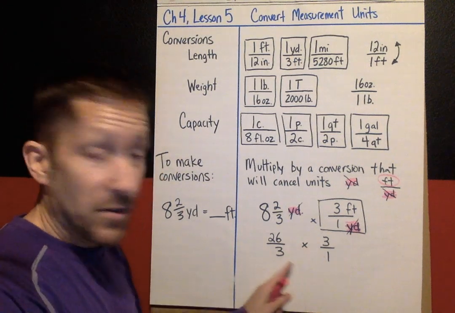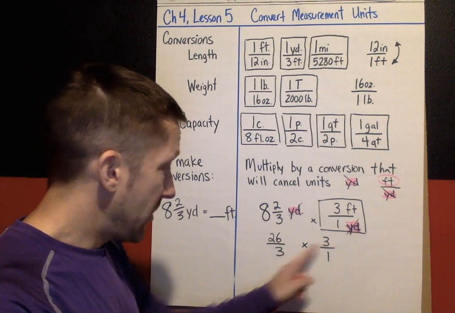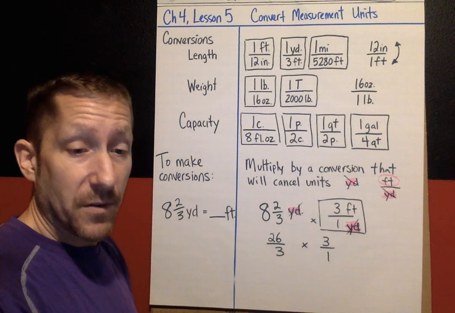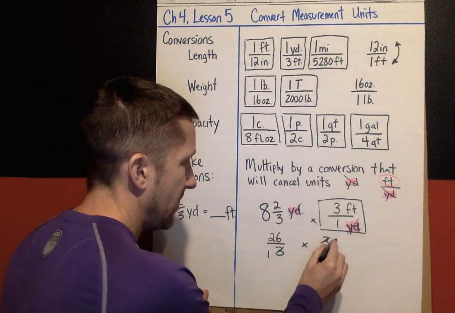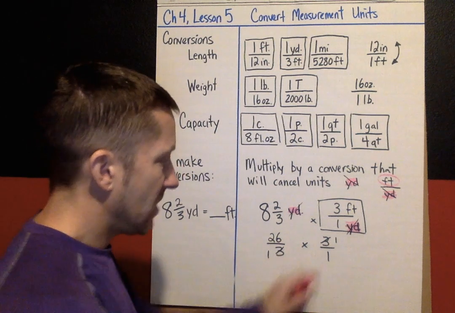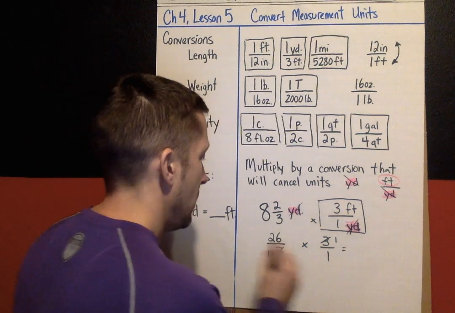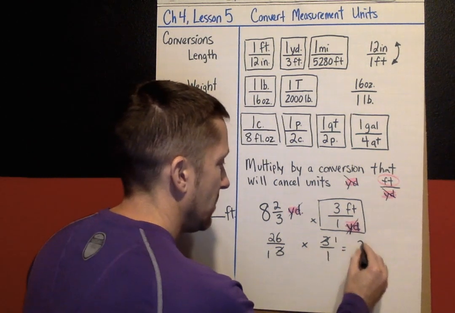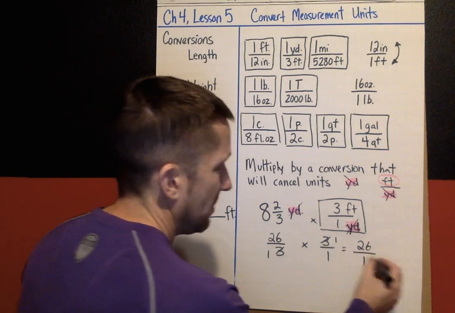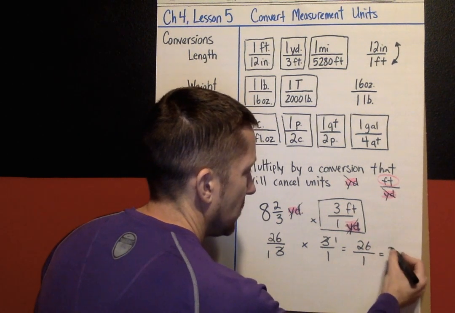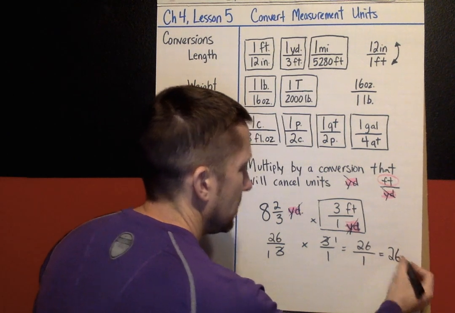And here is where I can simplify. 3 and 3, I'm going to divide both of those by 3. 3 divided by 3 is 1. 3 divided by 3 is 1. Now I'm going to multiply across. 26 times 1 is 26. 1 times 1 is 1. 26 over 1 is 26.